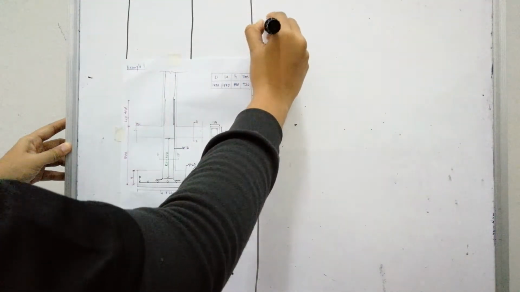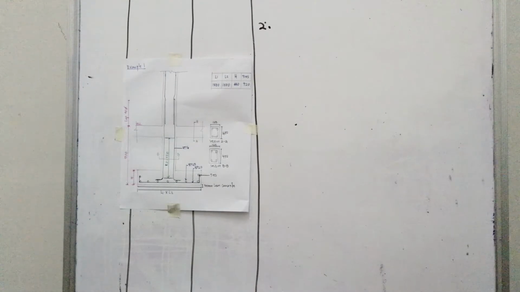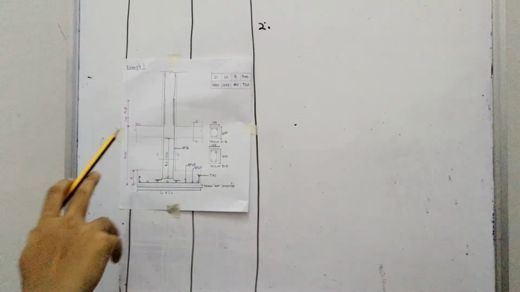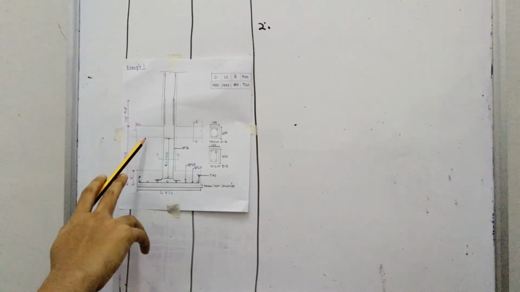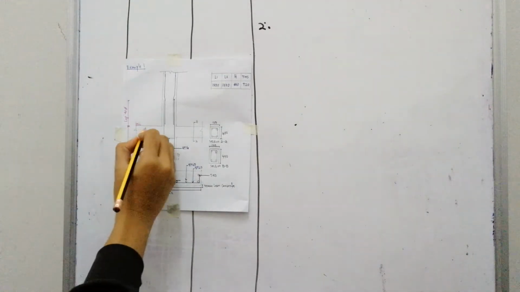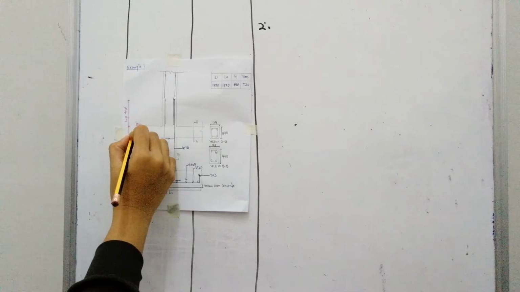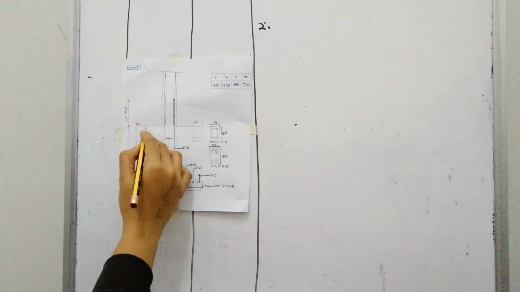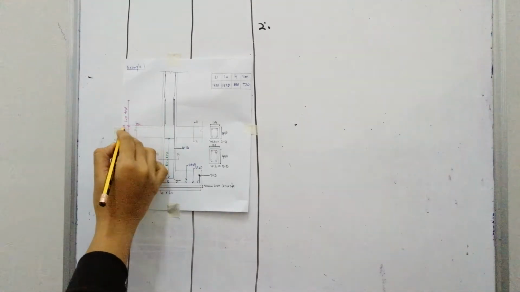So the second one is you need to identify the trench depth. The second stage, you need to identify the trench depth. By looking at this figure, the first stage you removed the topsoil, which is 150.